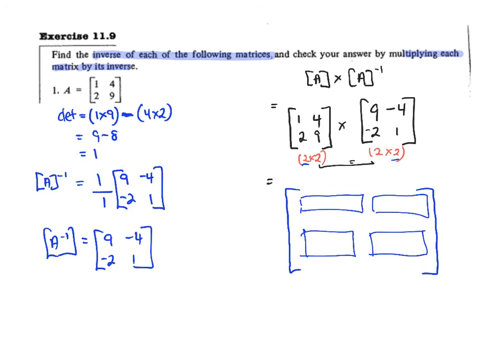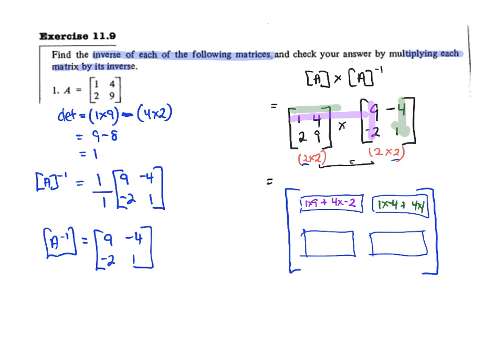So let's do it. We would go first row, first column. So it'll be 1 times 9 plus 4 times -2. Good. Next one, it'll be row 1, column 2. That will go here. So 1 times -4 plus 4 times 1.